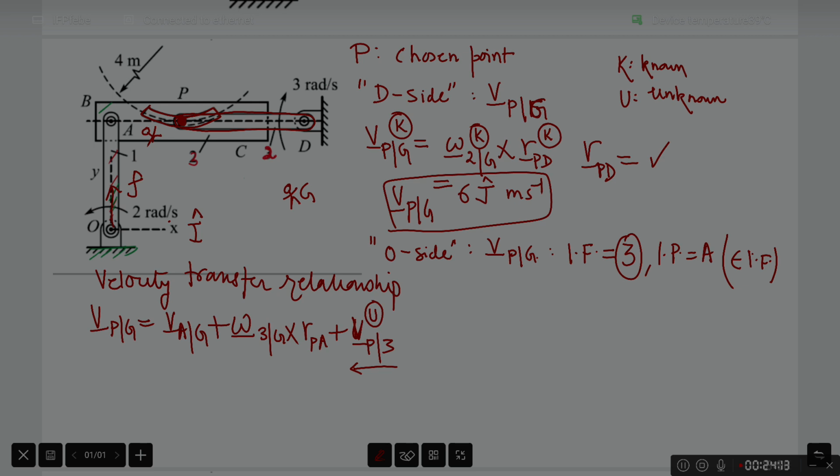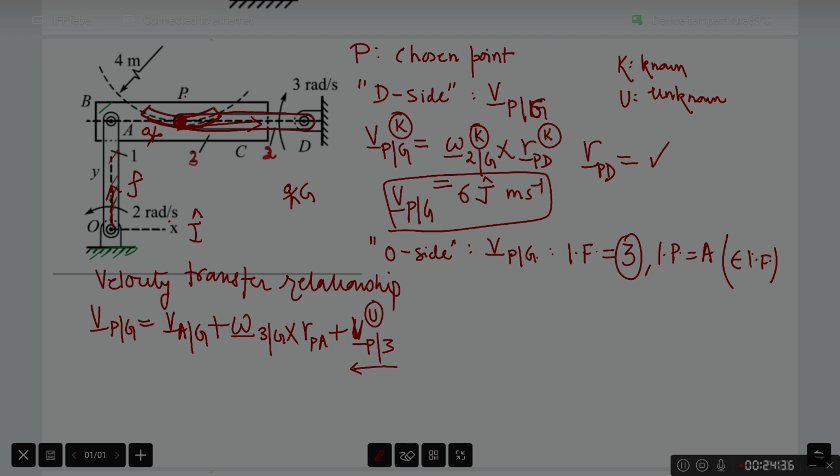And at this instant, the way this slot is oriented, the velocity of particle P with respect to this observer fixed to RB3 is got to be along horizontal direction, tangent to this circular slot.